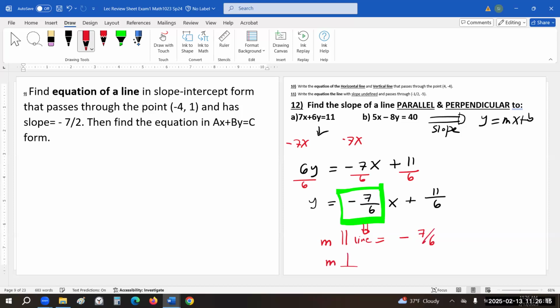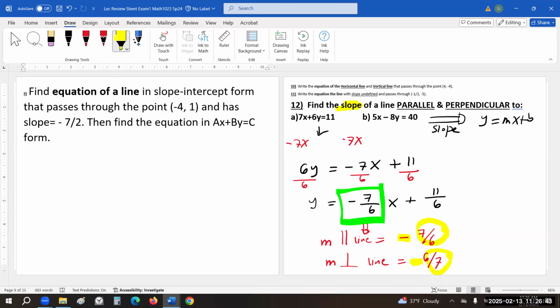And what would be the slope of the perpendicular line? 6 over 7. So the sign changes. This is negative, so this should be positive, and the fraction flips. And that's all they want you to find, the slope.